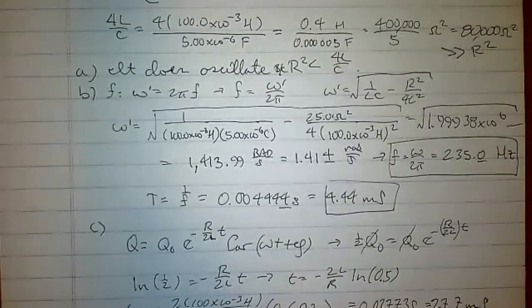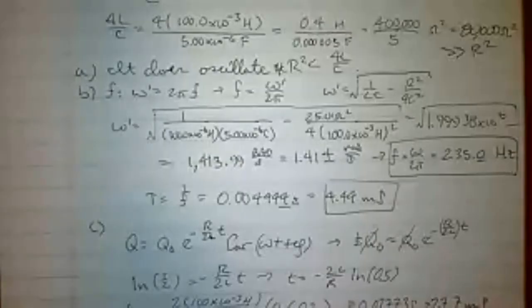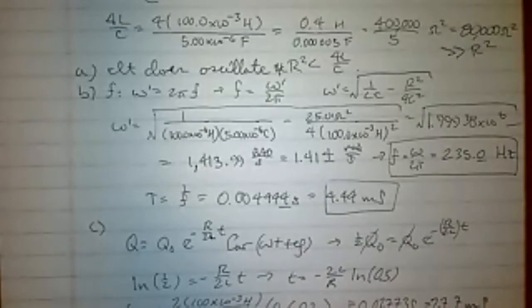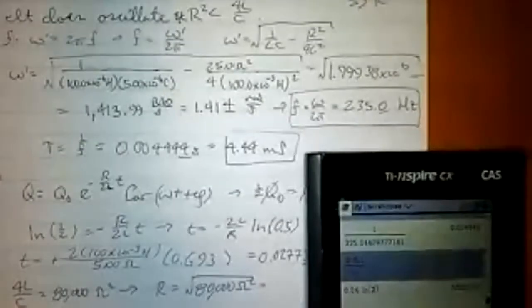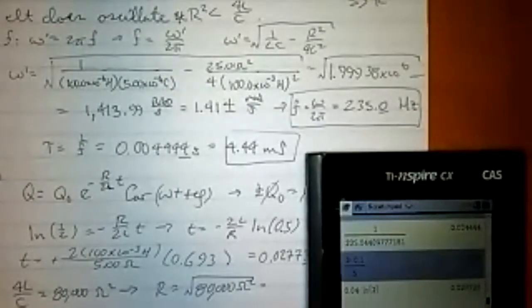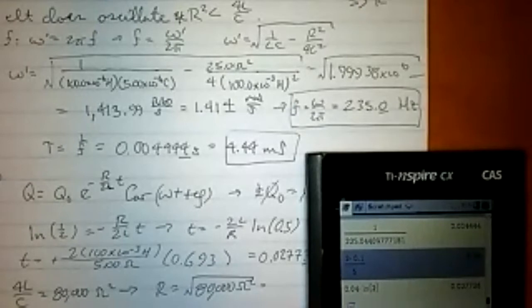Yeah, 4L over C. Since 4L over C is equal to, what did we get, something like 80,000 ohms squared, that means R should be equal to the square root of something like 80,000. Again, this is assuming I did my calculation right, but I haven't heard whether anybody's actually verifying any of my calculations. And that one I did do in my head, so just be careful with that. I'm warning you. So I'm going to take the square root of 80,000.